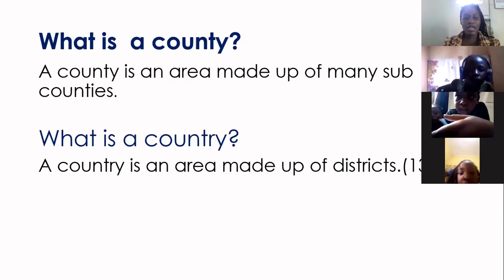A country is an area made up of districts. So if we combine districts, a group of districts will form up a country. And we have said that the name of our country is Uganda. Are we following, my pupils?